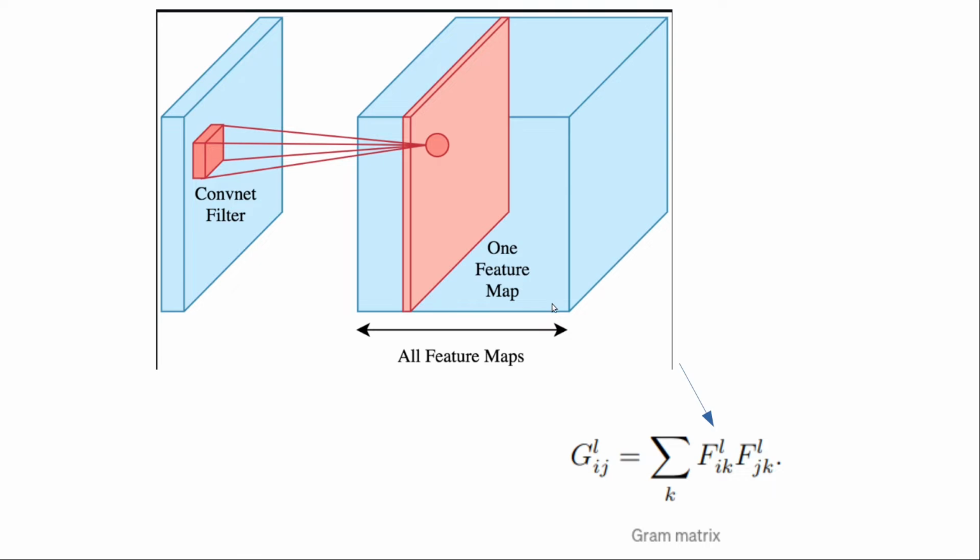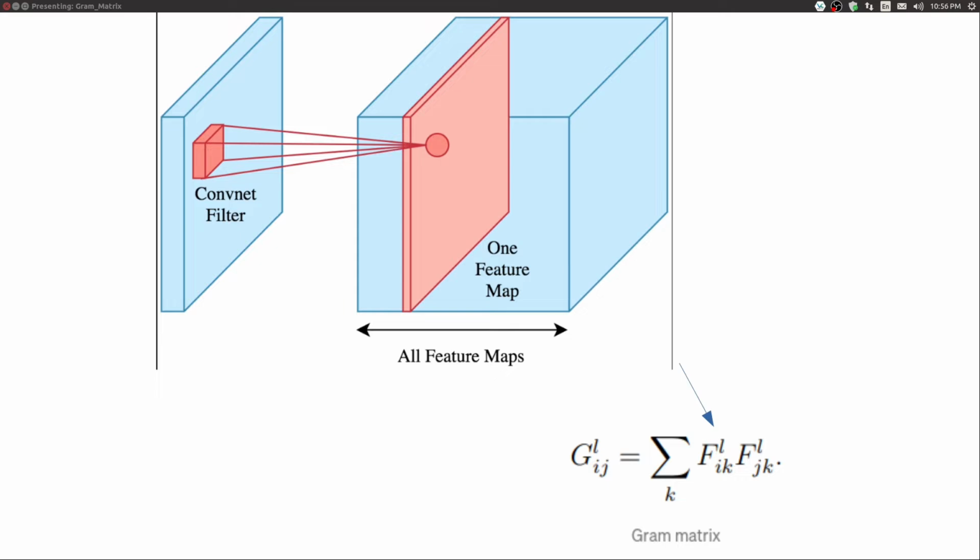So take all C feature vectors flattened from this convolutional feature map of depth C, and compute the dot product with every one of them, including with the feature vector itself. The result is your Gram matrix of size C by C. This dot product gives us information about the relation between them. The smaller the product, the more different the learned features are, and the greater the dot product, the more correlated the features are.